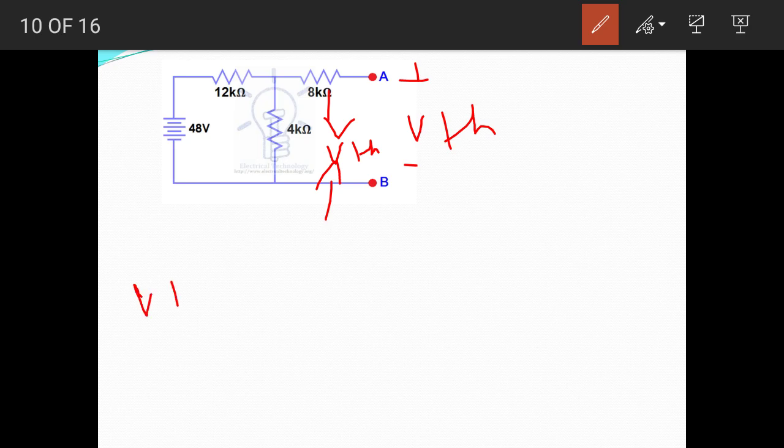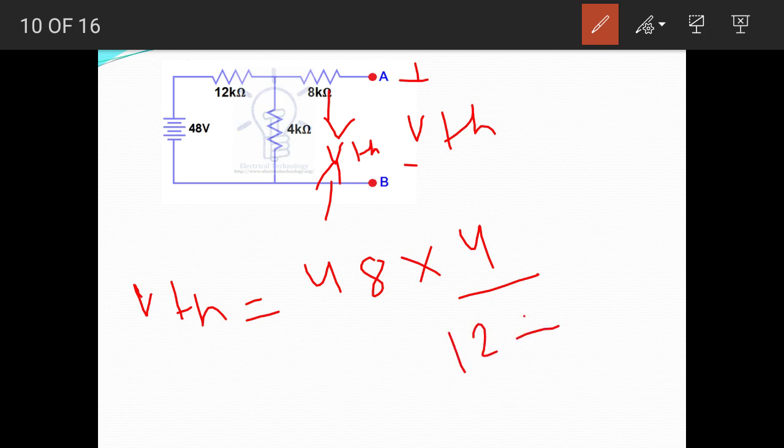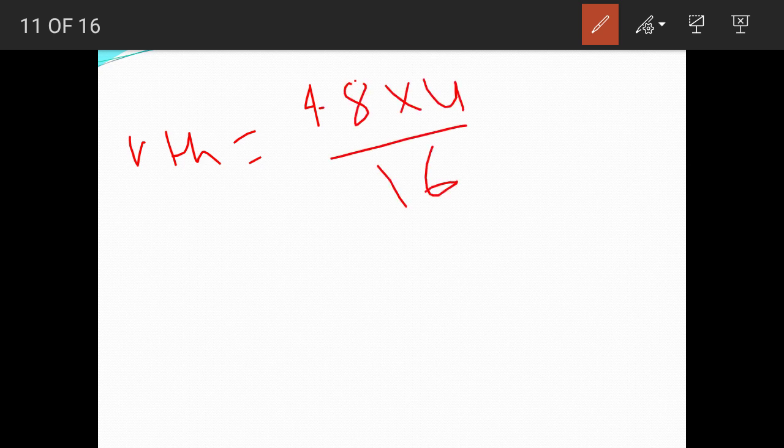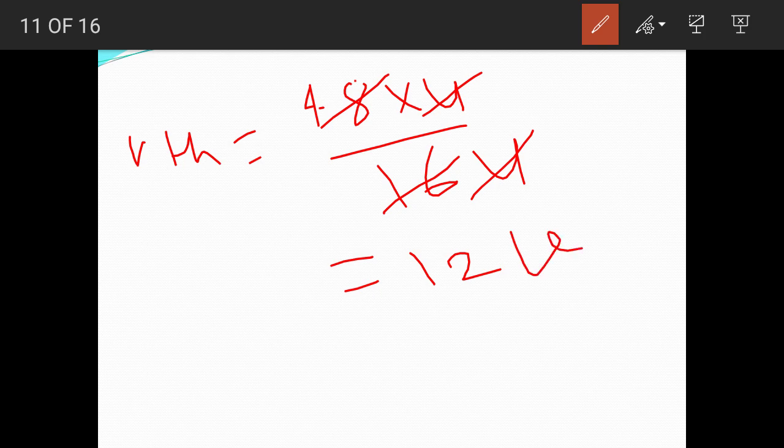So here VTH is equal to 48 into 4 upon 12 plus 4, that is 48 into 4 upon 16. So it becomes 12 volt.